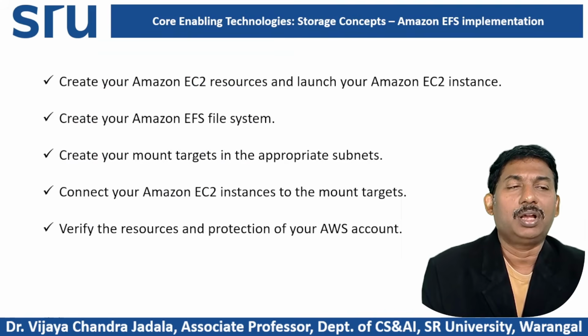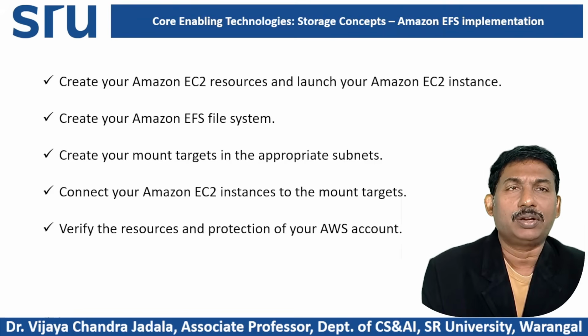Then comes the EFS implementation, that means Elastic File System implementation. It creates your EC2 resources to launch an EC2 instance. So here it will facilitate you to use the EC2 resources and you can launch the instances with the help of EFS. It creates your EFS file system.